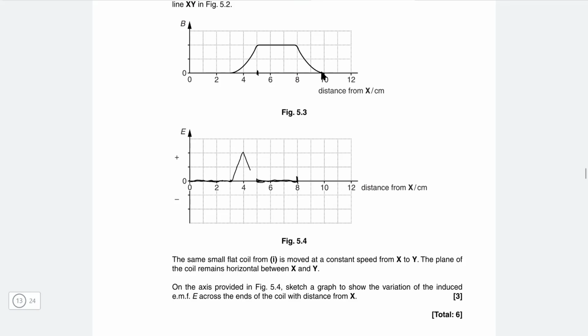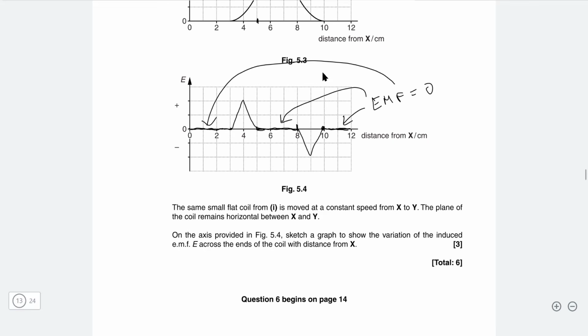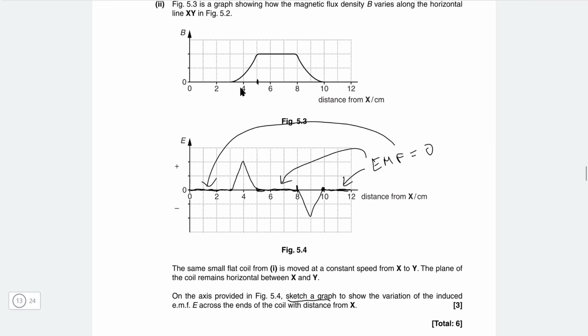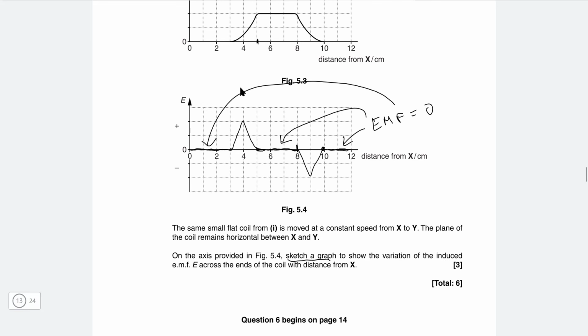I'm expecting a pulse like this, and then a pulse such as this one before the EMF is 0 once again. So here the EMF is 0, also here, and also here as well. Now we're asking just to sketch a graph, so we don't need to worry about the calculation of this value.